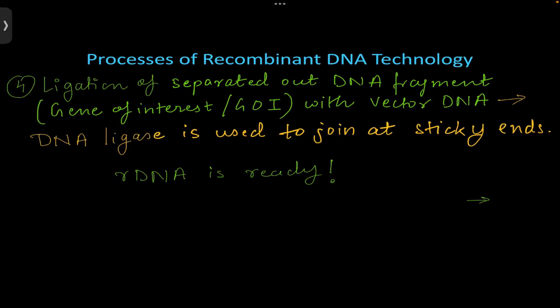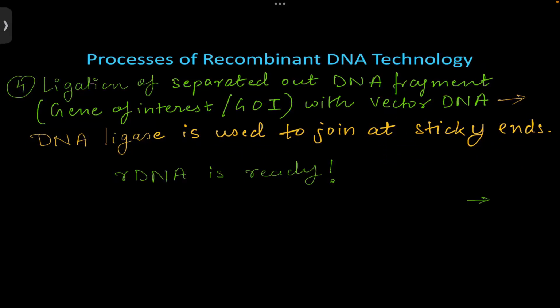Because of this, you will get bands corresponding to different lengths of DNA fragments. So if you know the length of your gene of interest, you can cut out that particular band from the agarose gel, do elution, and get your purified gene of interest.